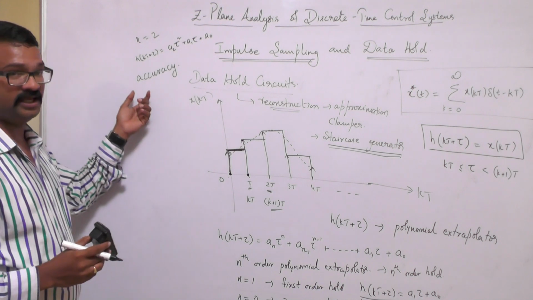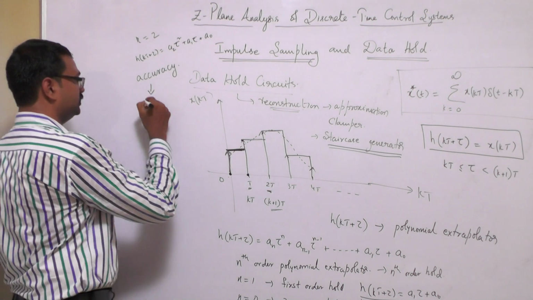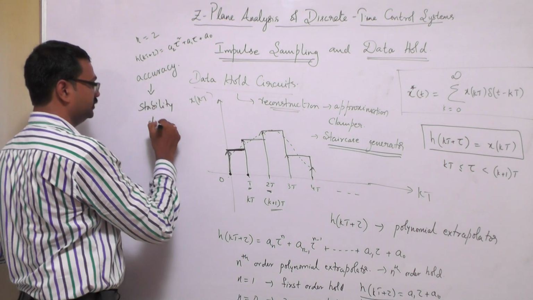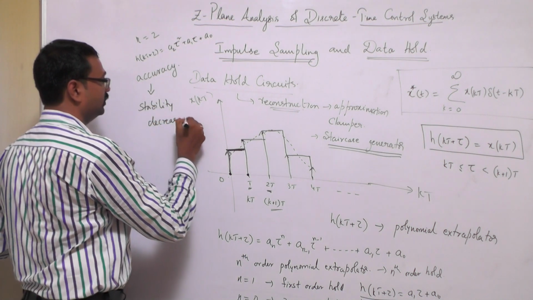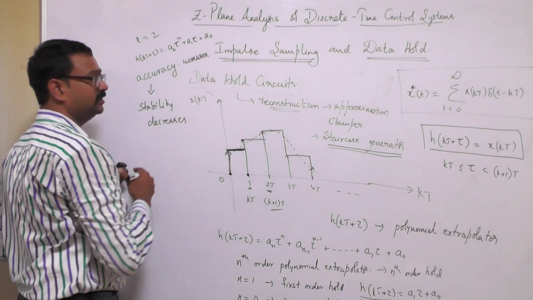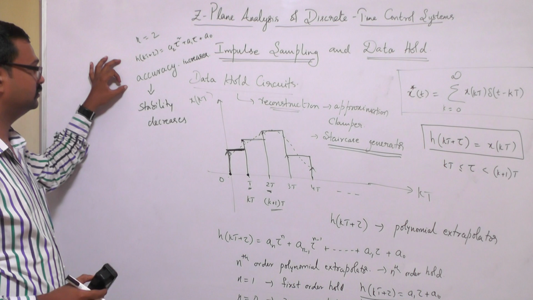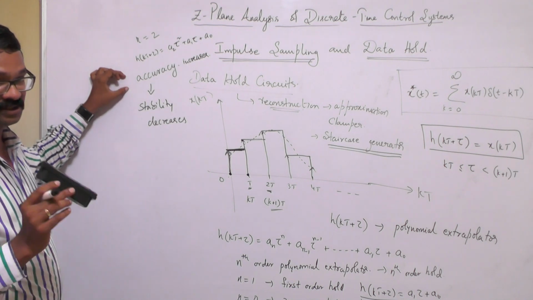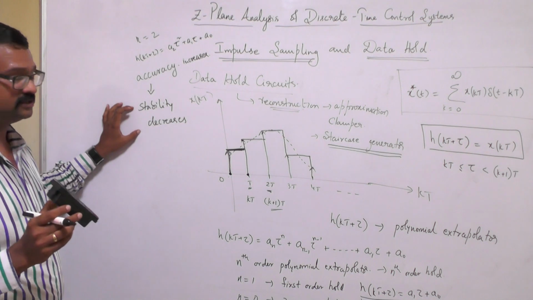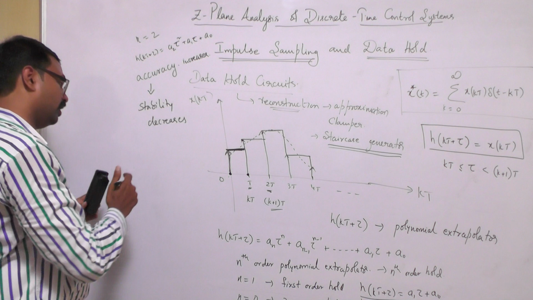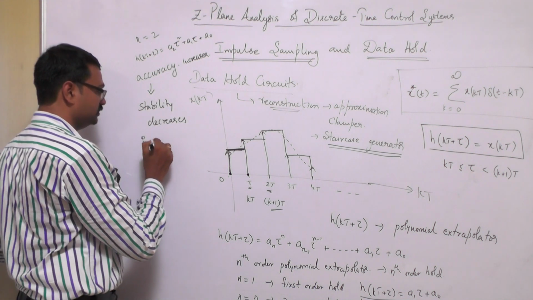Accuracy of the system will increase, but the stability of the system decreases. When the number of time delays in the system is increased, accuracy increases, but there is a very big problem: stability of the system decreases, or it might even lead to instability.